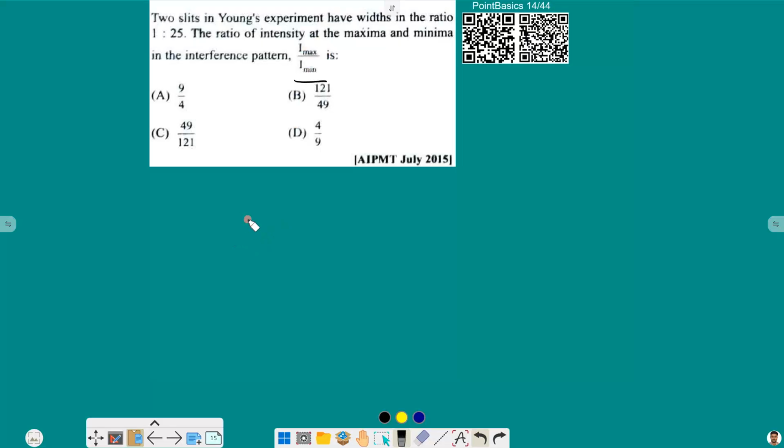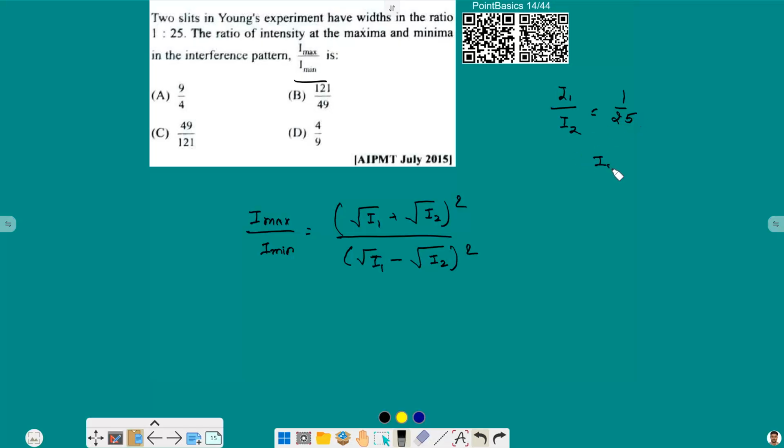We have a direct relation that I max by I min is equal to (under root of I1 plus under root of I2) whole square divided by (under root of I1 minus under root of I2) whole square. Using this relation, as per the given, I1 by I2 is equal to 1 by 25. So I2 is equal to 25 times I1, or under root of I2 is equal to 5 under root I1.